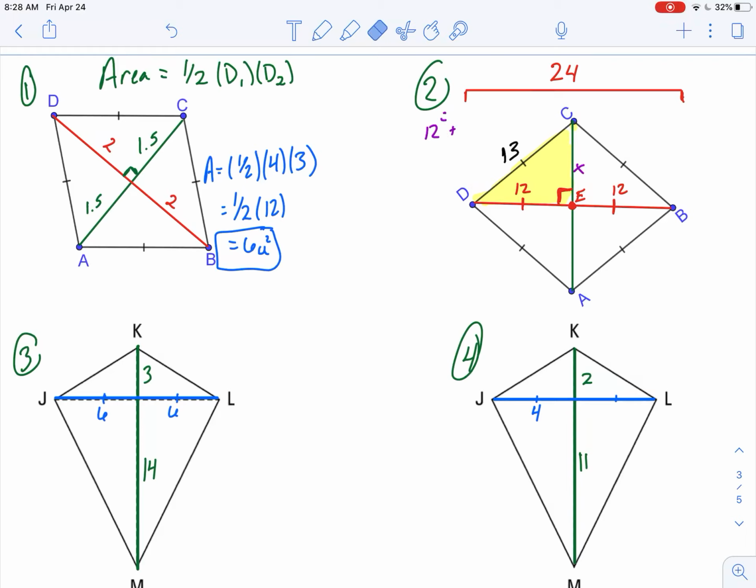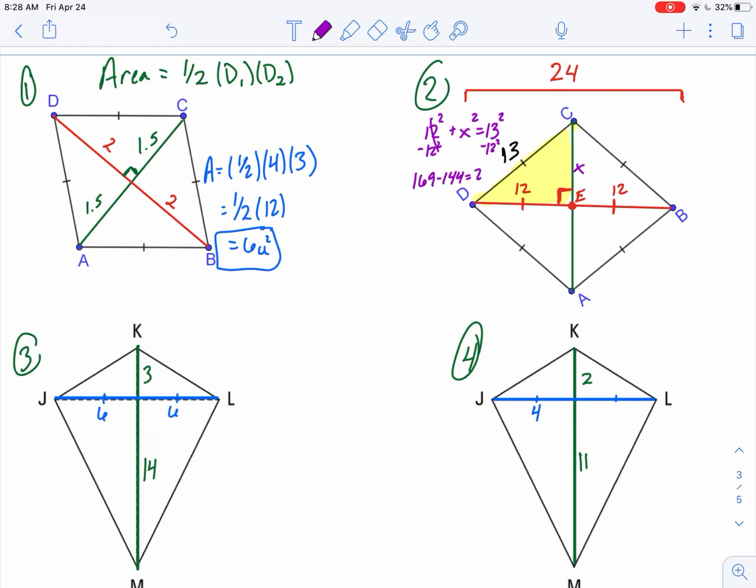So I've got a hypotenuse, 13, because 13 is across from the right angle. So what I can do is 12 squared plus, let's call that x, 12 squared plus x squared equals 13 squared.